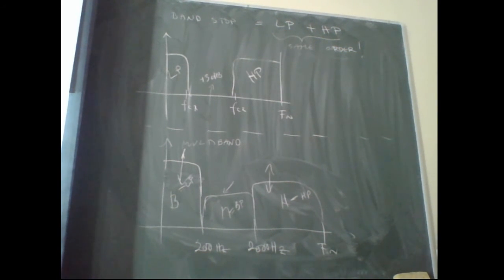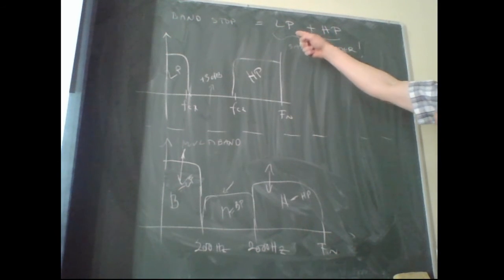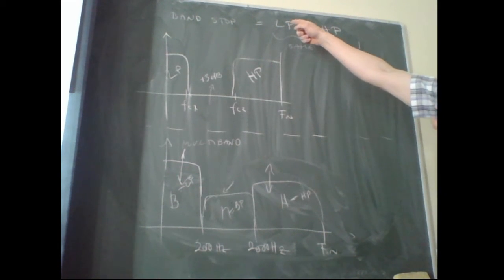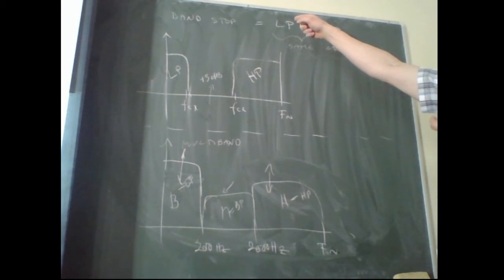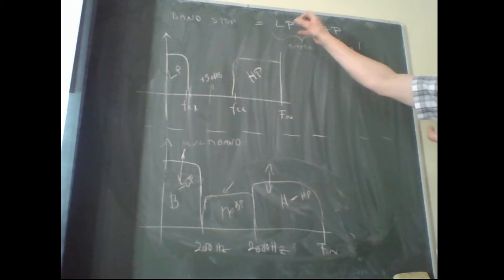So this is an easy to implement filter also. If you had an IIR filter, you still would be adding. But remember what the IIR filter transfer function looks like. They're rational polynomials. And adding those is not that straightforward anymore.